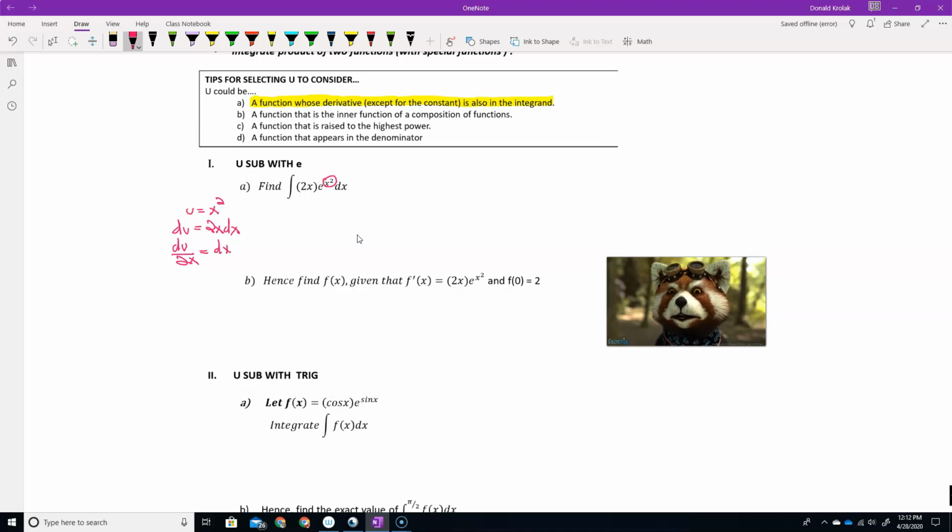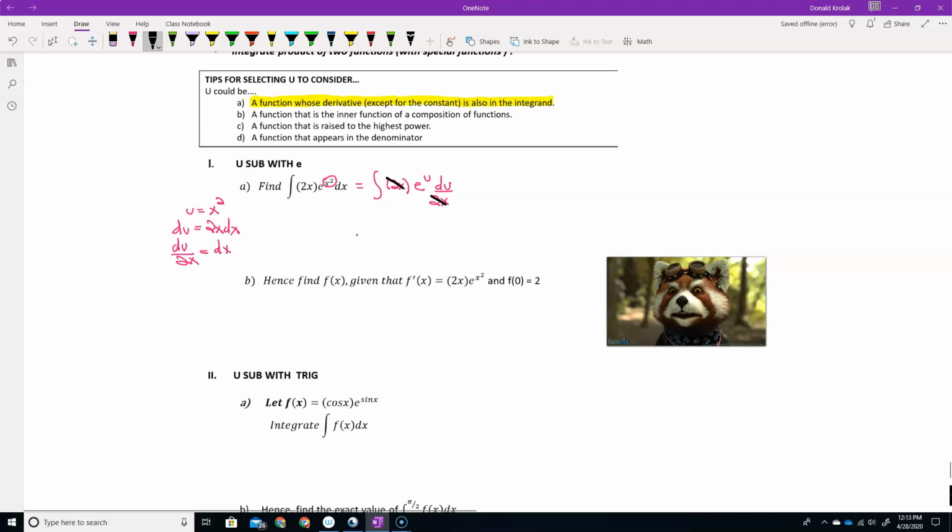Okay, now we can go ahead and do our substitution. Integral of 2x e to the u, and then for dx, I'm going to substitute in du over 2x, and nicely, these cancel.